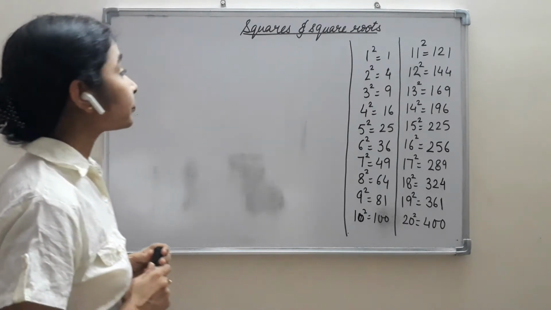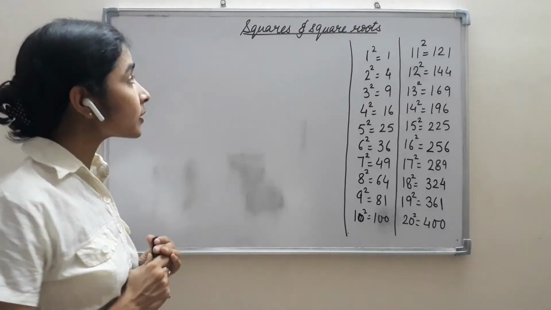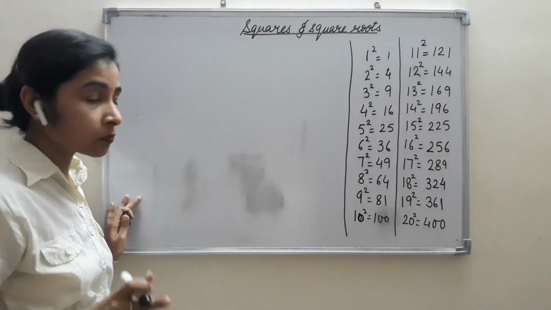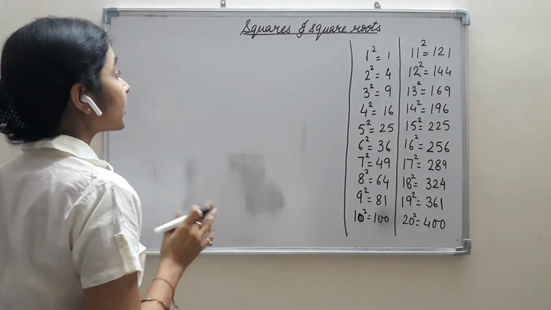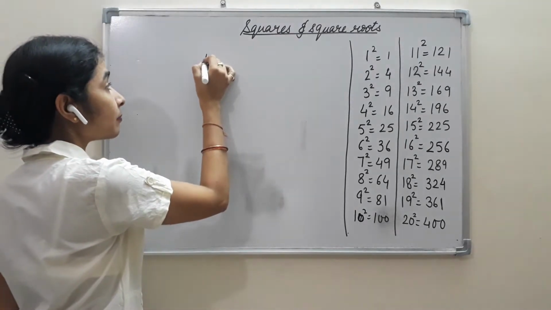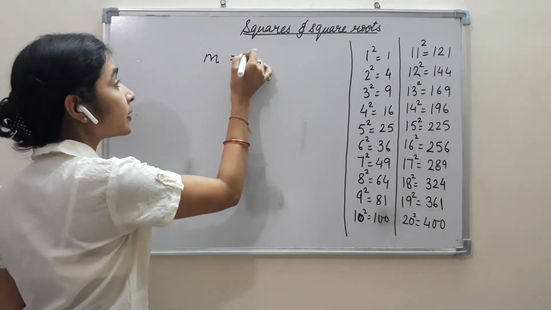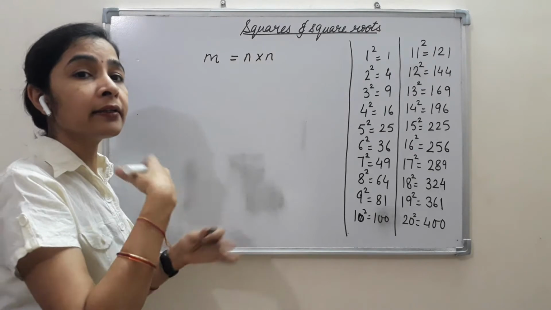Now, studying about squares and square roots. So first, understanding the meaning of the word square. What do we understand by square? What is a square number? A square number is one which can be expressed as follows. Suppose I take the number m. Then the number m should be such that it is equal to the product of a number and itself.